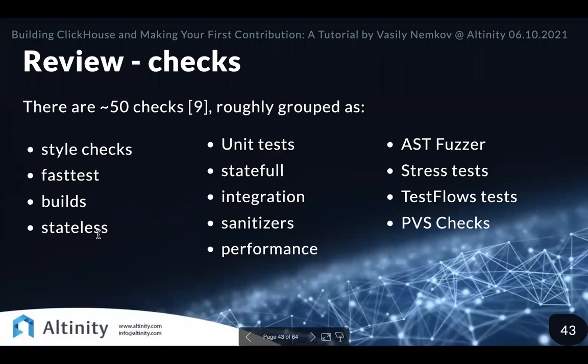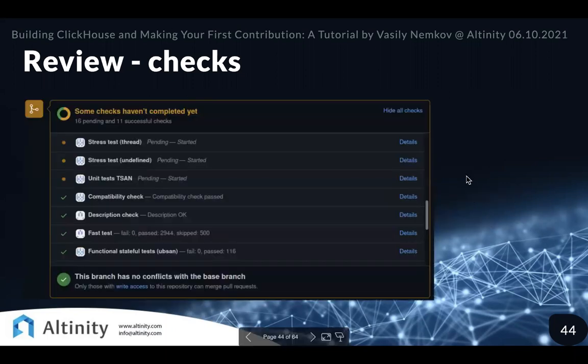There are stateless tests which are executed against various builds like debug version, release version with address sanitizer, memory sanitizer, and so on. You can check out more information about types of checks in the reference documentation below.